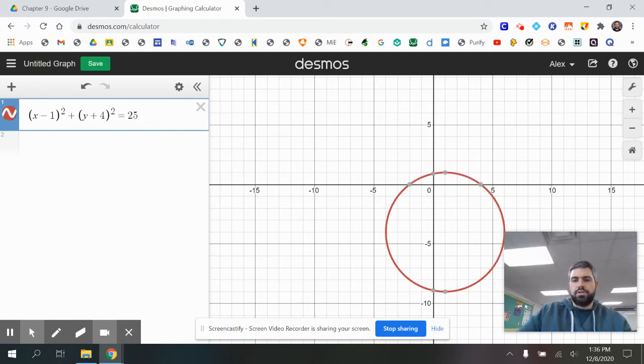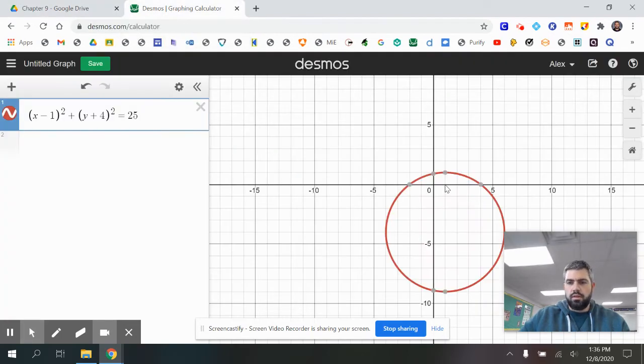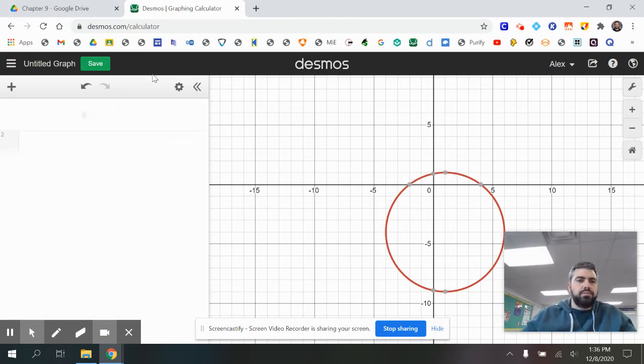All right, so for sure, you'll see that it has endpoints at, see, we're making sure, 1, 1. Okay, so 1, 1 and 1, negative 9. So for sure, those are endpoints. We know that we did this correct, okay? Very good.